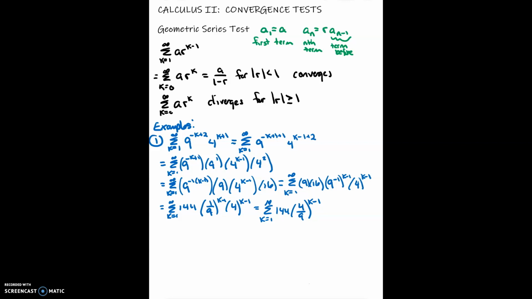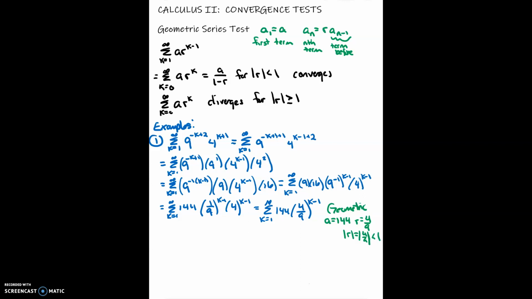You'll notice it does have that geometric series form. In fact, it's the first form, this one right here. And I also recognize in this case that a is 144 and r is 4/9. Furthermore, I know that the absolute value of r, absolute value of 4/9, is greater than 1. I'm sorry, how about less than 1?